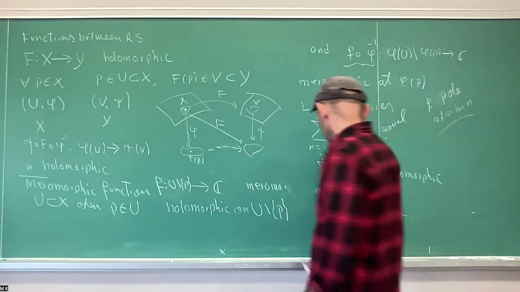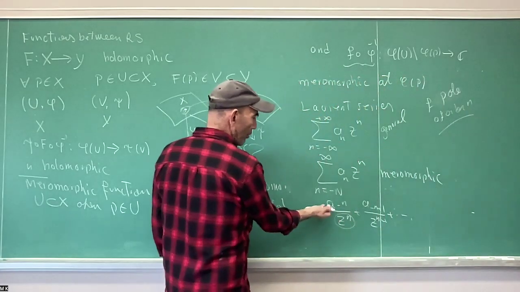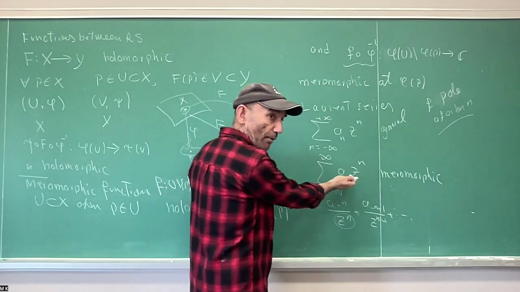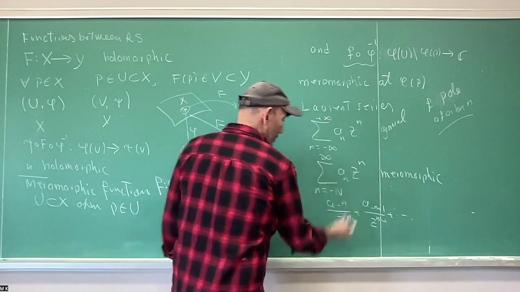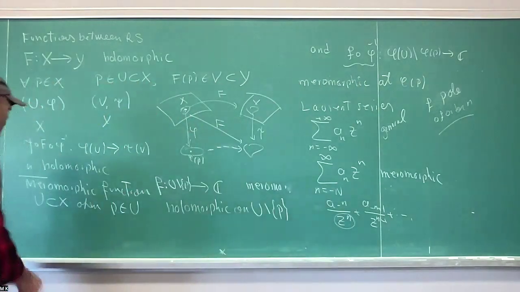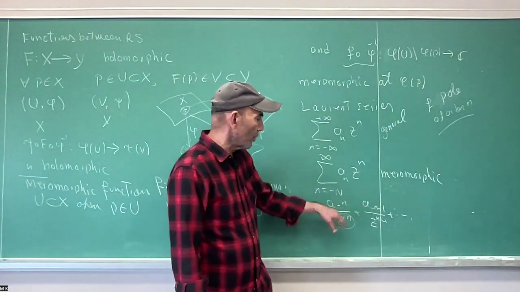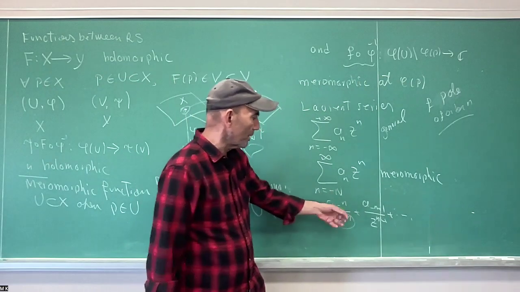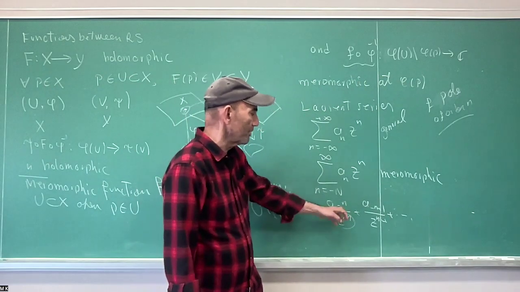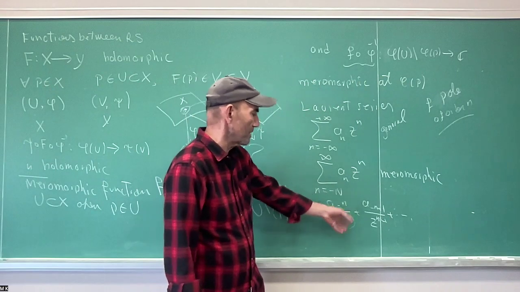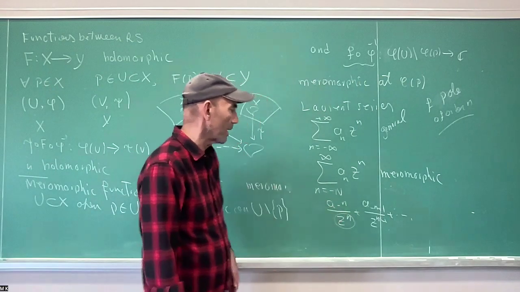I mean, this need not be negative. The function could start from some positive power. In that case, it is actually holomorphic, right? Holomorphic functions are also absorbed by the idea of meromorphic, but sometimes we just assume meromorphicity means that there is an actual pole at that point.